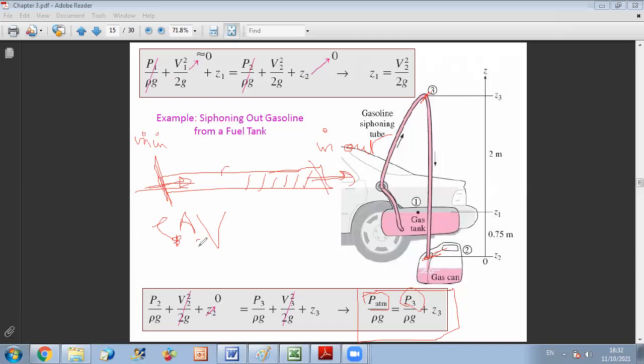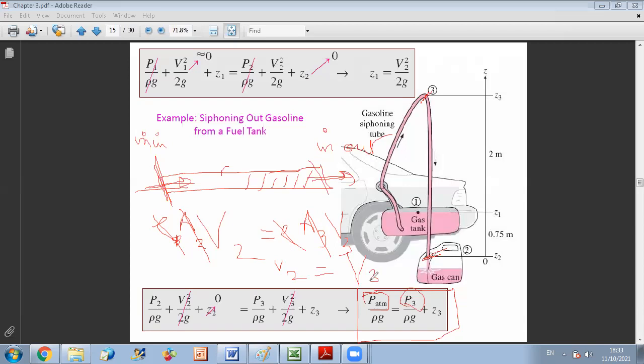So rho A2 V2 equals rho A3 V3. Since you have a constant cross section for your tube, A2 is equal to A3, and as we said it's incompressible, so rho is the same. So you end up with V2 equal to V3. Okay?